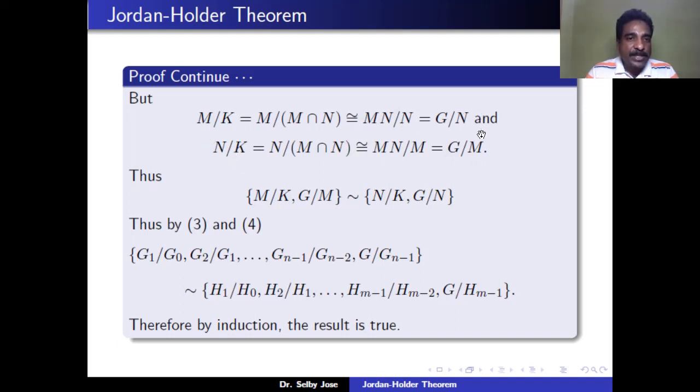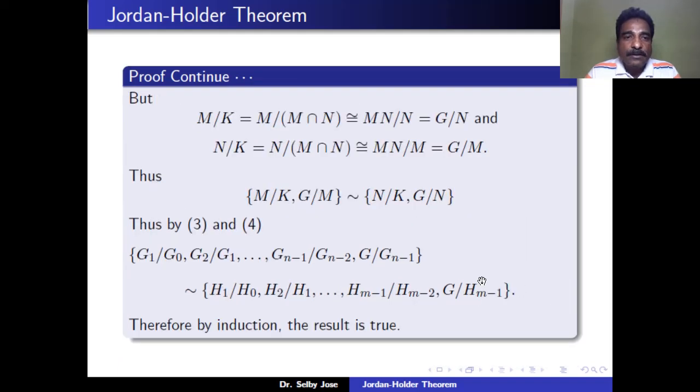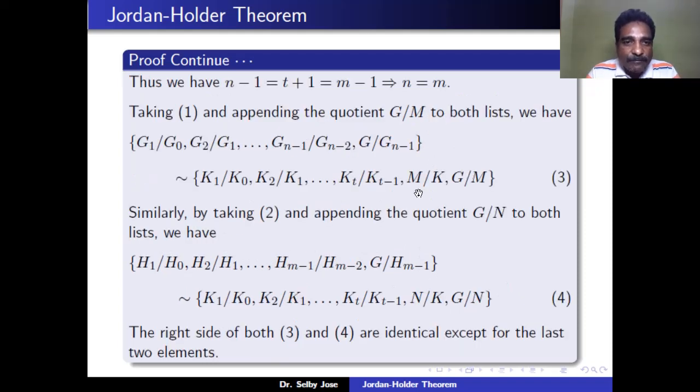So you consider these two sets, then there is a 1-1 correspondence between these two sets, and the corresponding factors are isomorphic because M mod K is isomorphic to G mod N and G mod M is isomorphic to N mod K. So therefore, by 3 and 4, the right hand sides of both 3 and 4 are equivalent.